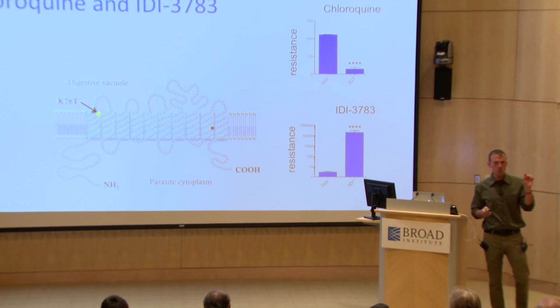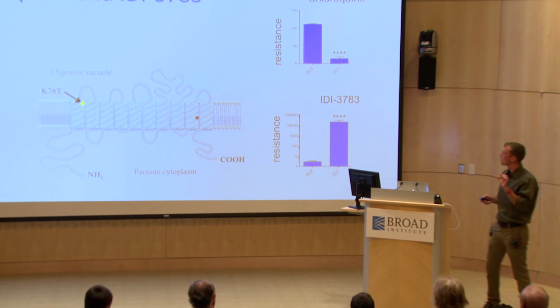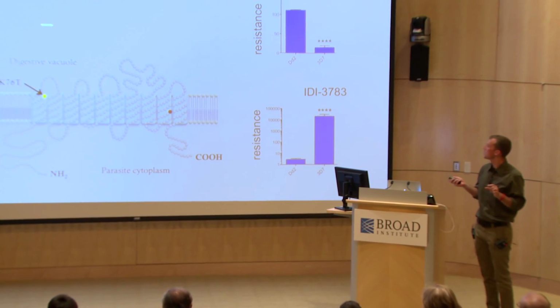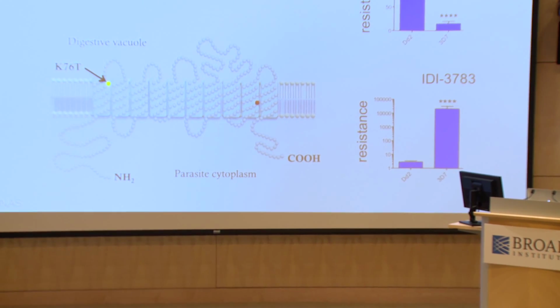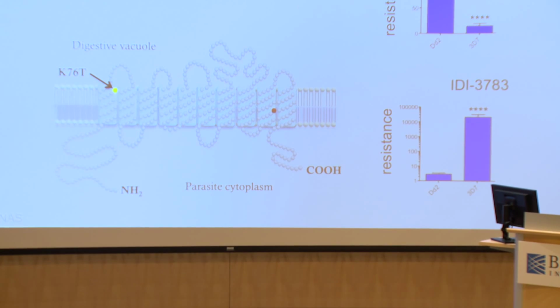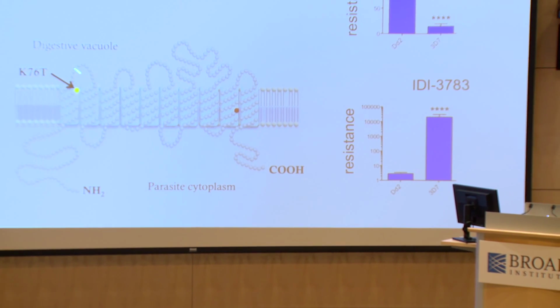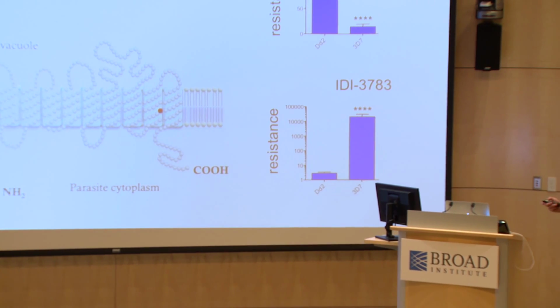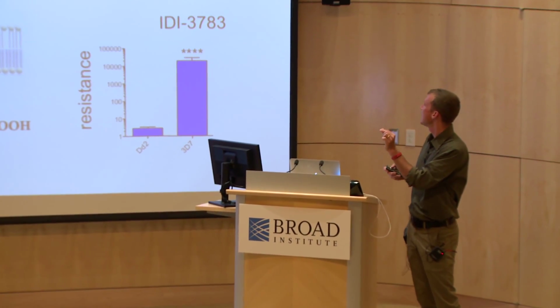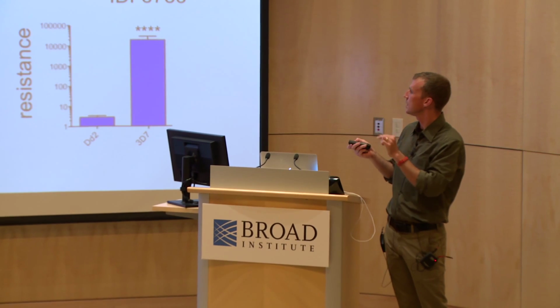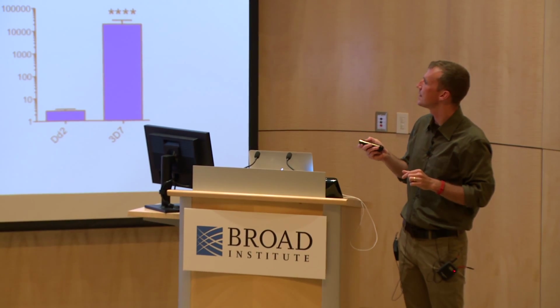The difference between these two parasite strains, because we know that the resistance gene for chloroquine is this PFCRT gene here, this transmembrane protein. We know that the difference between 3D7 and the DD2 parasites is that there's a mutation here. There's a lysine that's been changed into a threonine at amino acid position 76. And so DD2 has the threonine and 3D7 has the lysine.